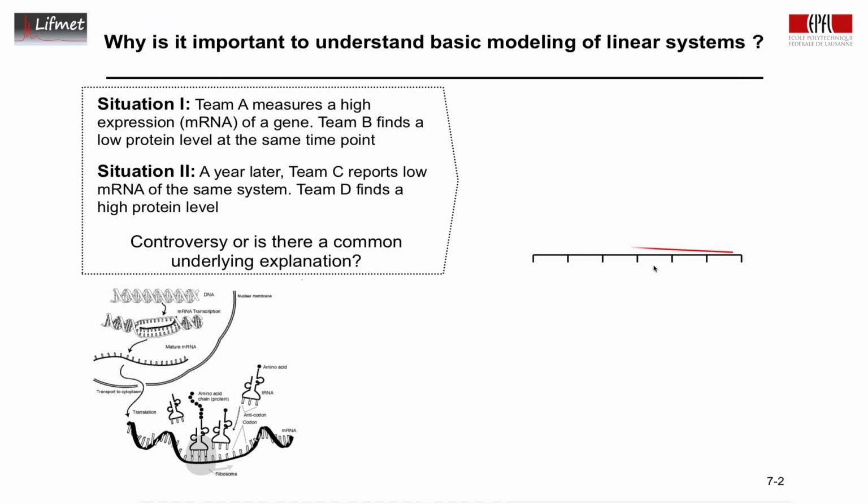And now what we're plotting here in red is the expression of the gene, that's the mRNA as it has been measured. Or let's say this is what's happening in the system. And then let's look at the protein level of that particular gene, so the protein that's being expressed.